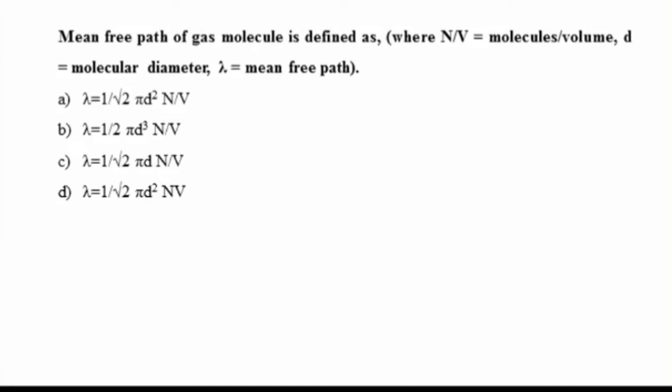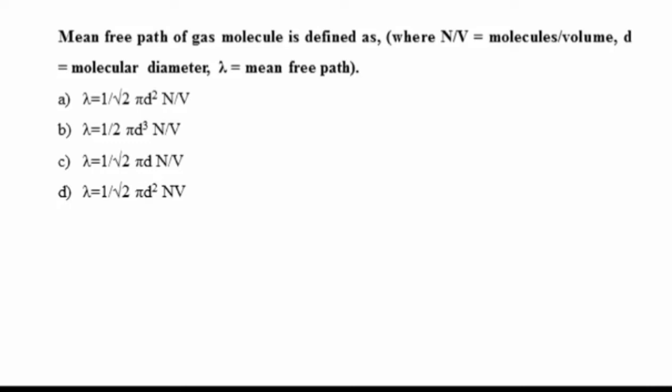And it is given by lambda is equal to total distance traveled by a gas between successive collisions upon total number of collisions. Now, during two successive collisions, a molecule of gas moves in a straight line with a constant velocity.